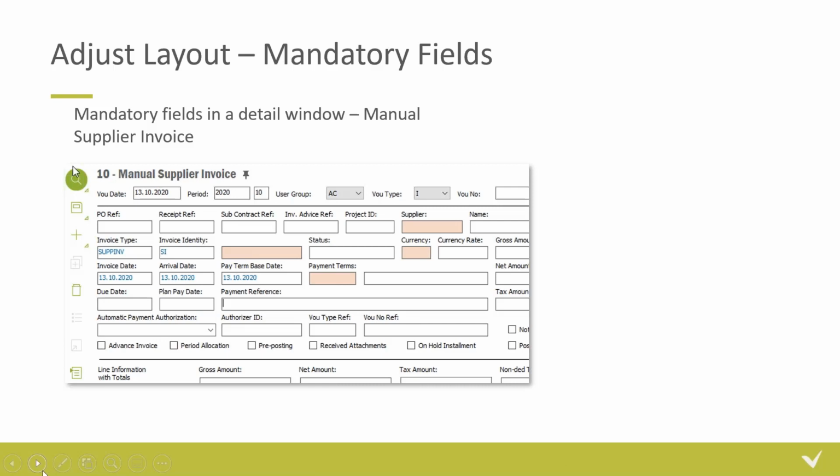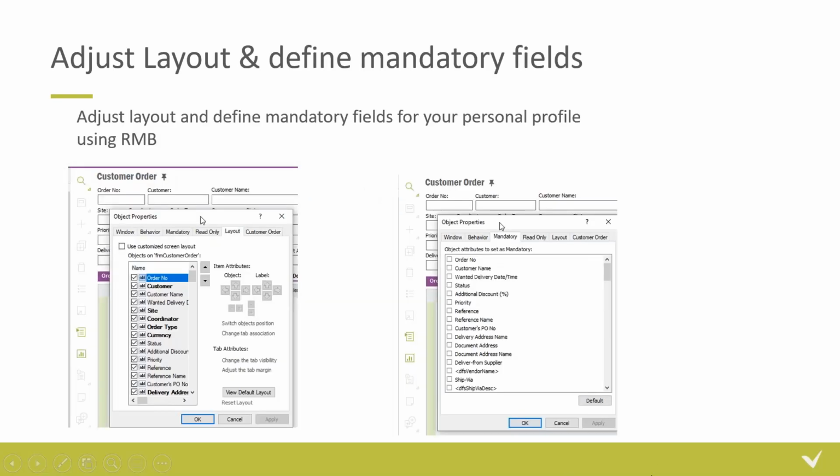We will look at how to adjust the layout in these forms. We will also see how to use the right mouse button to define mandatory fields and make your layout even more efficient for your work.